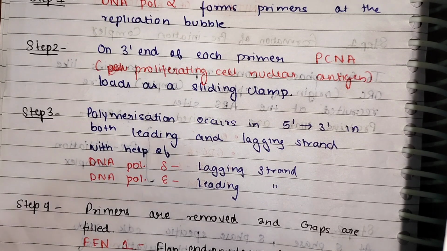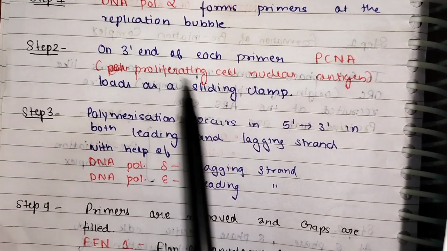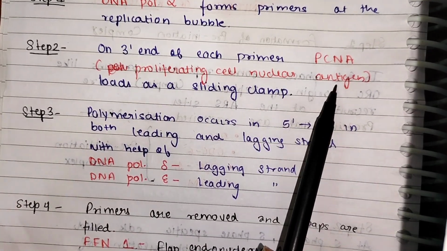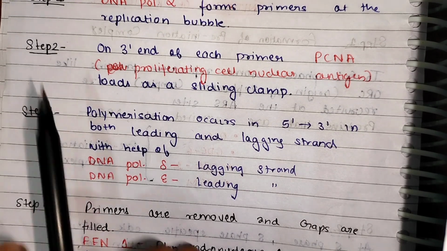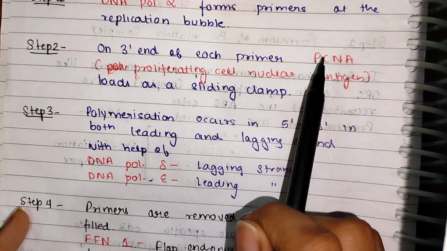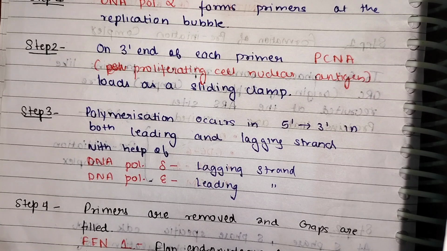PCNA is proliferating cell nuclear antigen and it will load as a sliding clamp. It will slide on the DNA strand as a ring and will guide the DNA polymerase. So step 2 is PCNA loading as a sliding clamp.